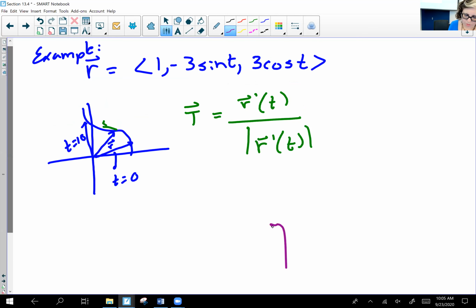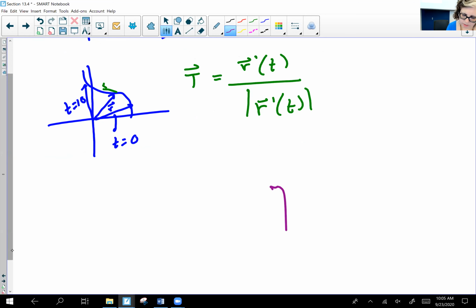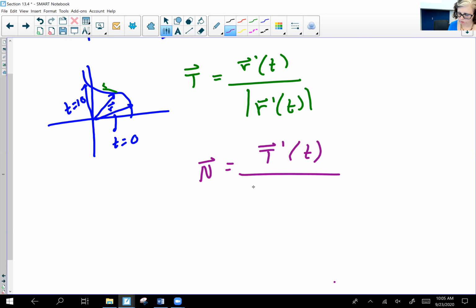The normal vector, and this was a discussion of a Chegg screen, is the derivative of the tangent vector over the magnitude of the derivative of the tangent vector.